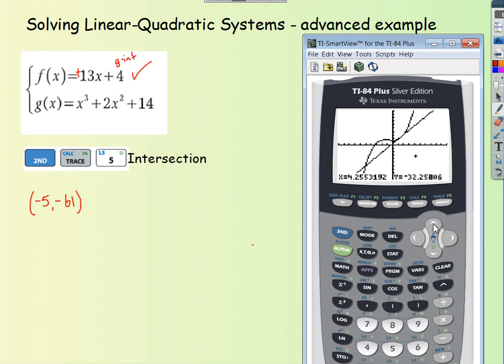What I'm trying to do is go to this middle location right here. Alright, so I'm pretty much right there in the middle of where I want to zoom in. So I'll go ahead and press enter, and now that'll engage my zoom in feature.